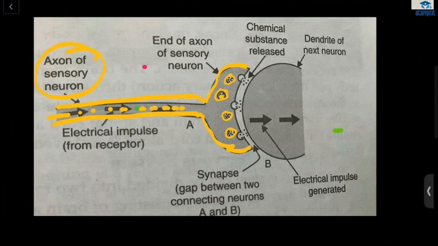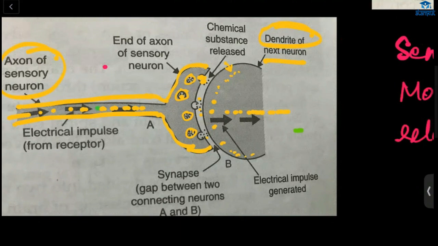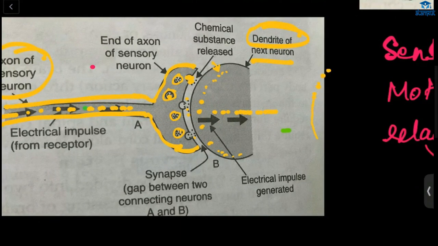This chemical substance is released and goes to the dendrite of the next neuron. Then again the electrical impulse goes to the axon, forming chemical pouches with neurotransmitter inside. This continues till it reaches the spinal cord or brain.